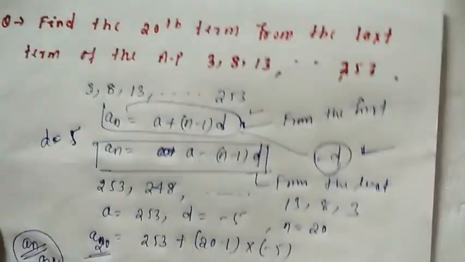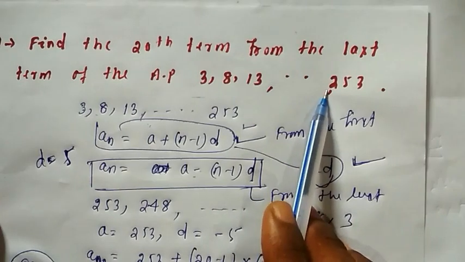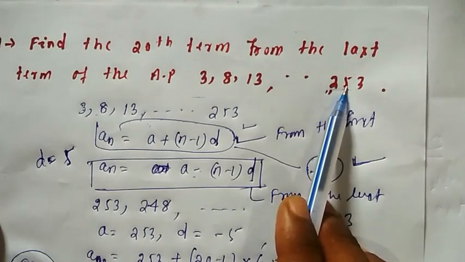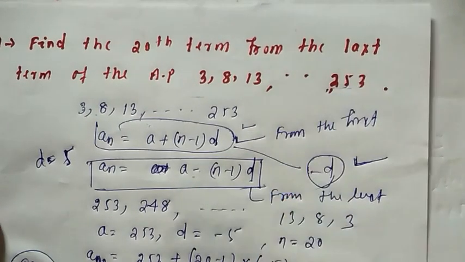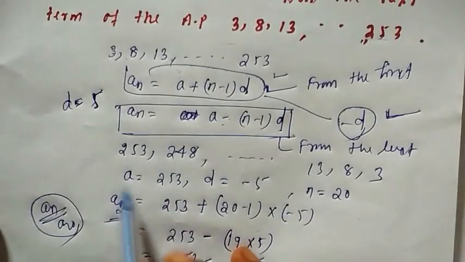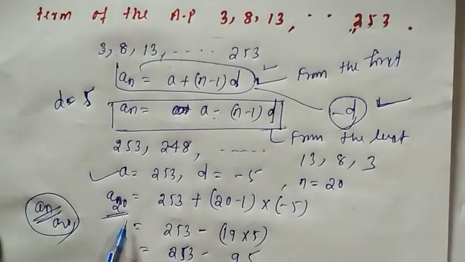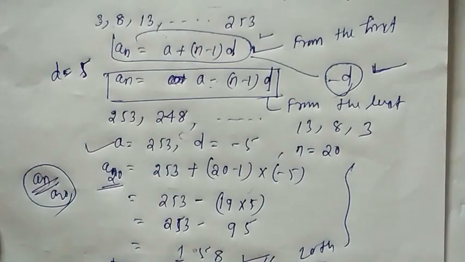Listen students, as we are moving from the last, 253 will be the first term, so a is equal to 253, which you can take as the first term. So it is better to do it in this way. As we are moving from the last, you can take the common difference as negative.